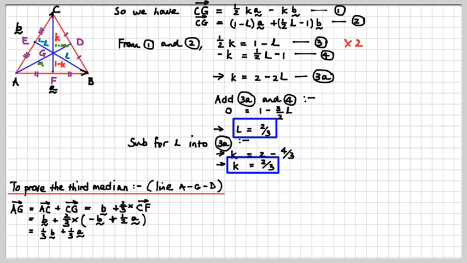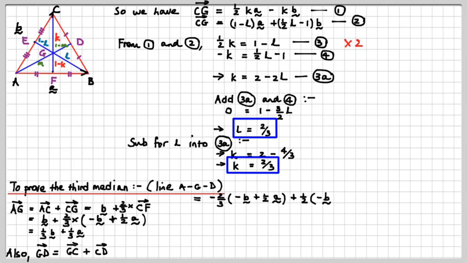Good. Now we're going to do the same thing for G to D, right? We're going to go upwards from G to C and then down the right-hand side halfway to point D, yeah? And we know the value of K, so there's going to be no K's and L's or anything like that to worry us. So that's minus 2/3.